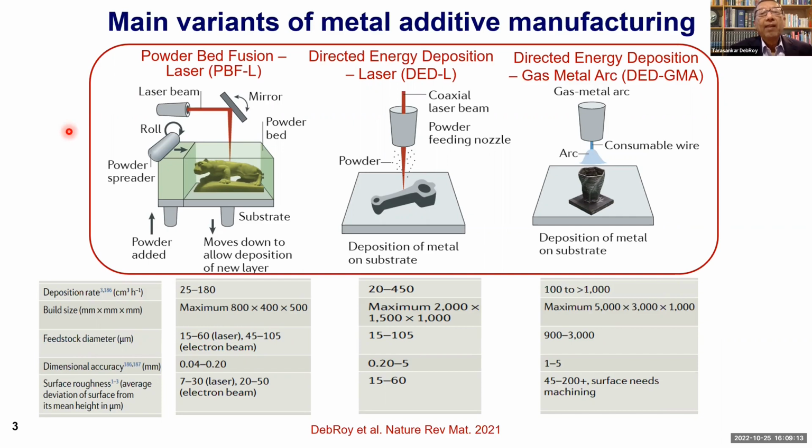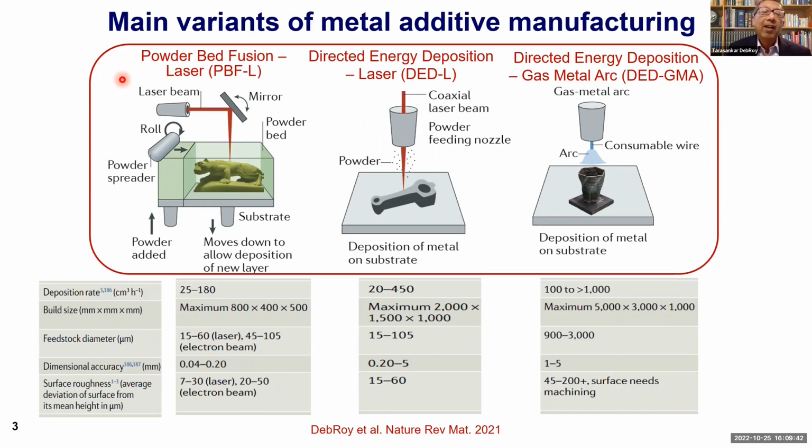So there are many different techniques, but in particular, I'm going to focus on three specific ones. One is called powder bed fusion, where we have very thin layers of powder. Layers like 20 to 50 micrometer is typical, and powders are of small size, maybe 20 to 30 micrometer in diameter.